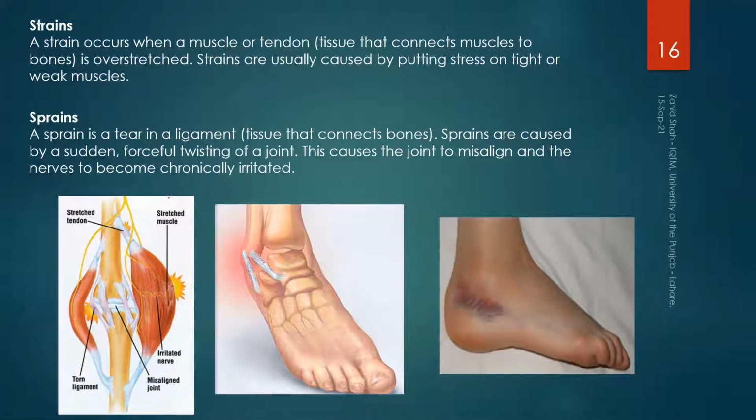You could see stretched muscle, that is strain, and torn ligament, that is sprain. So that is the ankle sprain. The twisted ankle generally results in a sprain, the tearing or overstretching of the ligaments that are wrapping around the ankle.